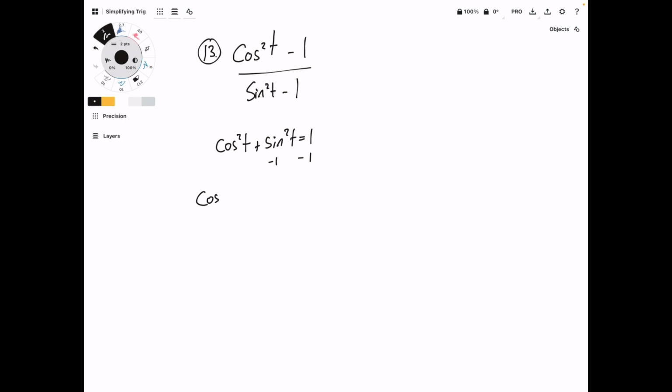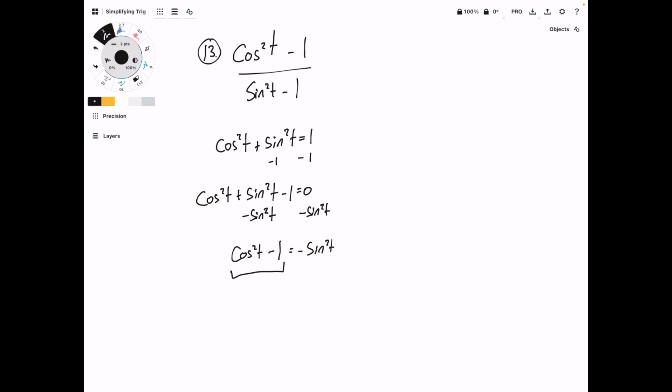So this becomes cosine squared t plus sine squared t minus 1 equals 0. Now we can subtract one of the trig functions across, and what we're left with is something that shows up in our problem.